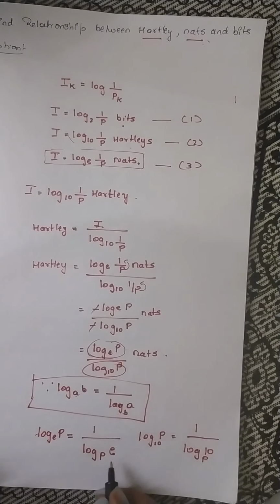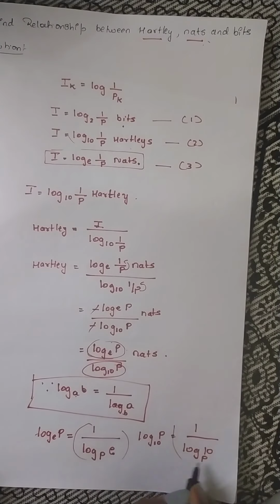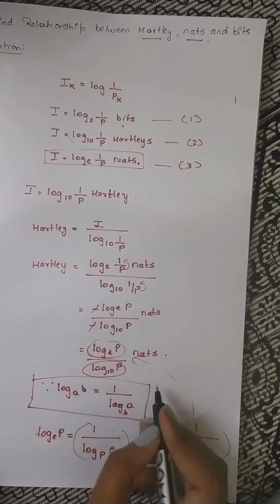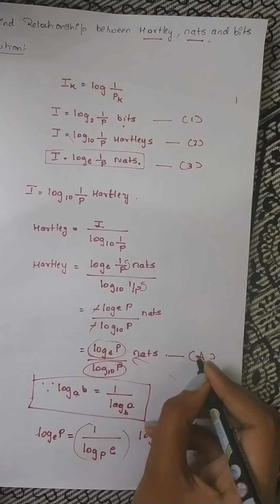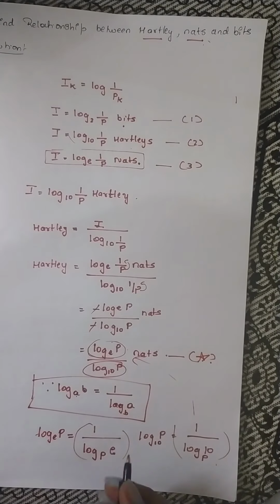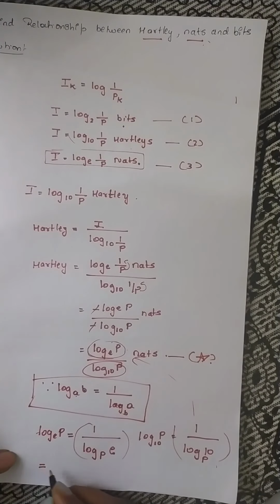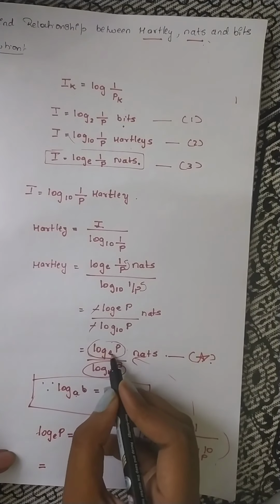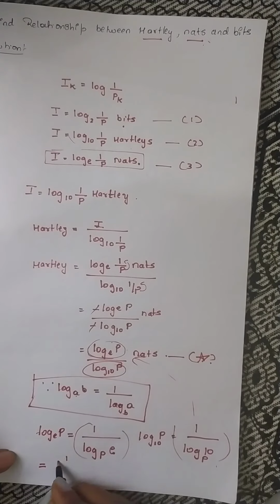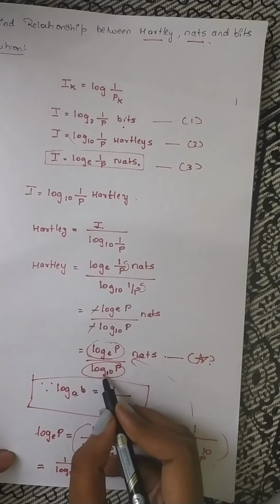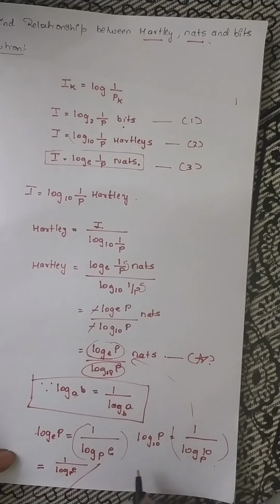Okay. Now substitute these two equations in this equation. I will call this equation star. So I will substitute it back. Instead of log p to the base e, I can write 1 divided by log e to the base p, divided by log p to the base 10, which I can write as 1 divided by log 10 to the base p.